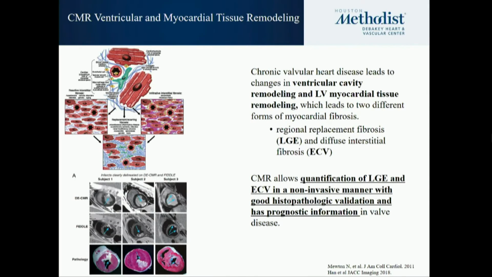This particular study looked at an animal model involving dogs. And what they found was delayed enhancement, contrast enhanced MRI has good histopathologic validation on autopsy results. And as you can see, the white is scar, and it's pretty much almost an identical scar pattern when you do slices through the heart in an autopsy dog model.